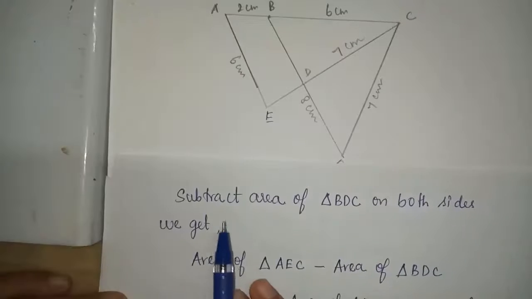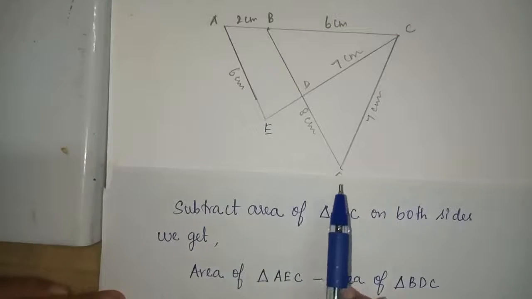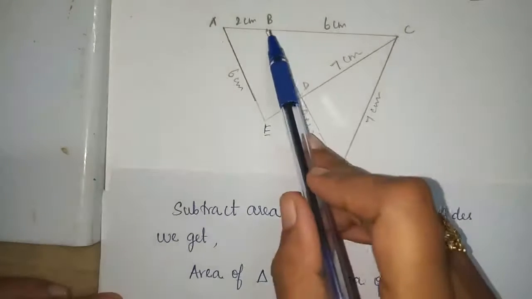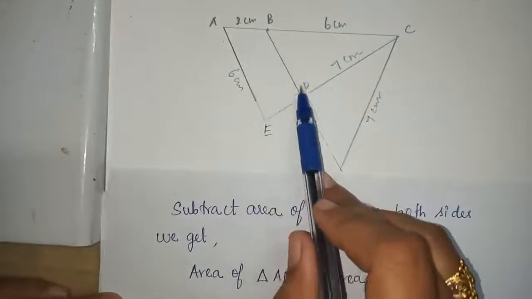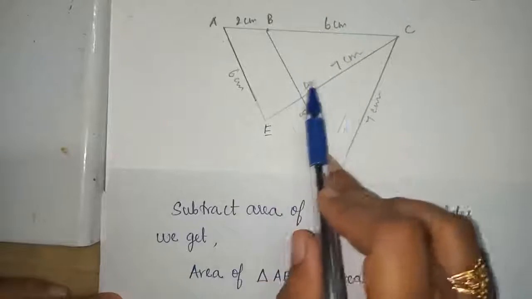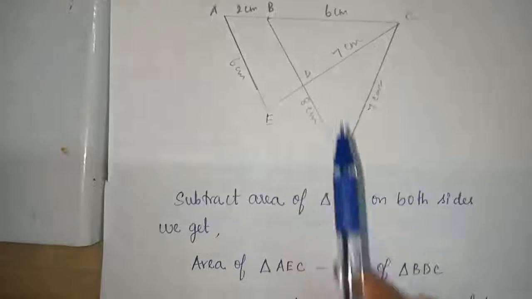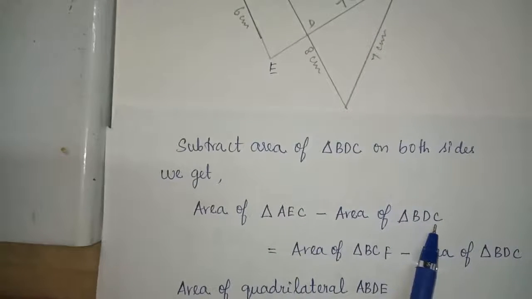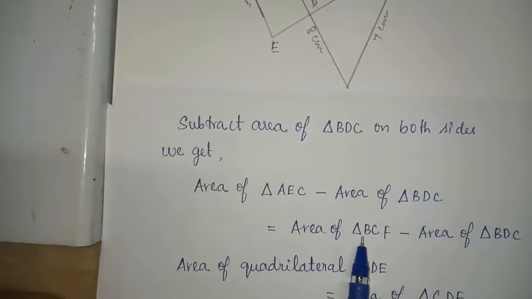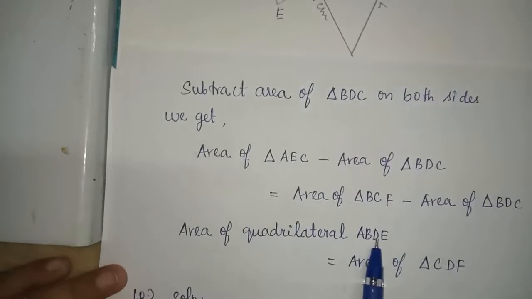Now the next step is to subtract the area of triangle BDC. So here we can see BDC. Leaving the whole triangle aside, if we look at only this triangle, BDC is a triangle. So we subtract only this now. So area of triangle AEC minus area of triangle BDC is equal to area of triangle BCF minus area of triangle BDC, which means you get the area of a quadrilateral.